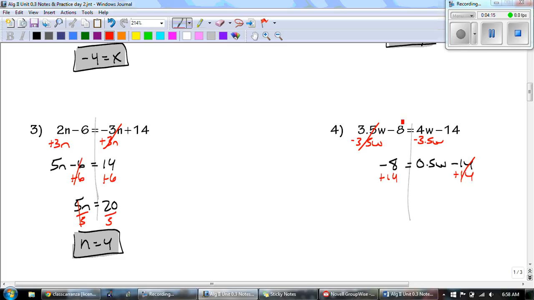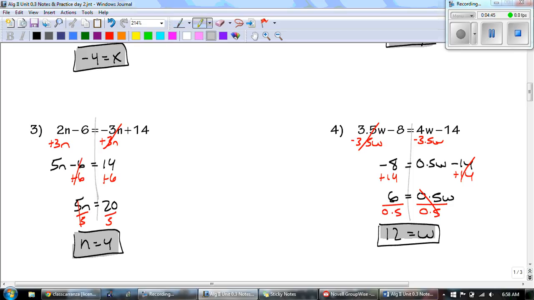I'm following SADMAP, the reverse order of operations. Now all I have to do is divide, okay, because a number next to a variable still means multiplication, so the opposite of multiplication is division. And 6 divided by 0.5, yeah, you should get 12.